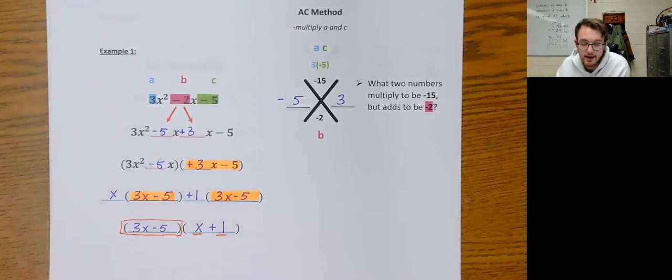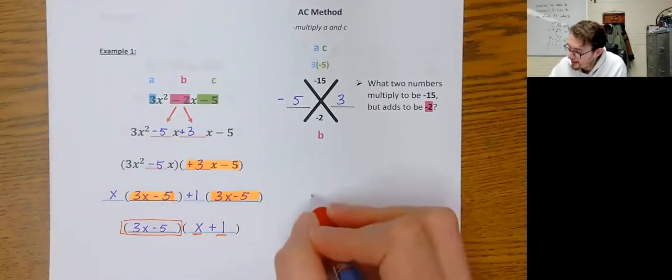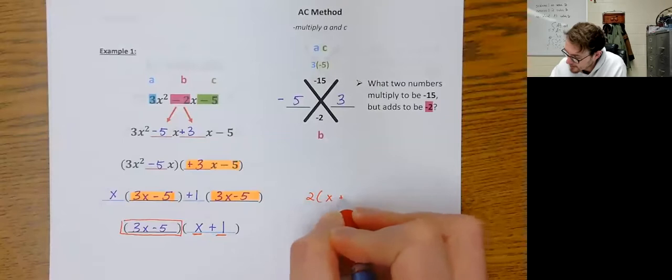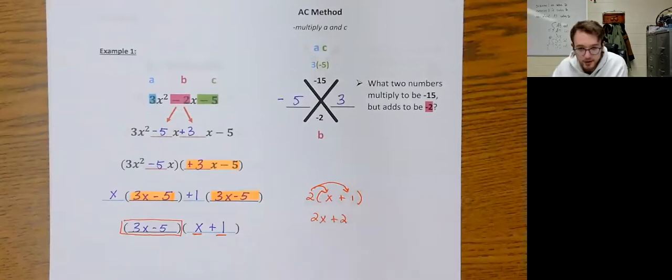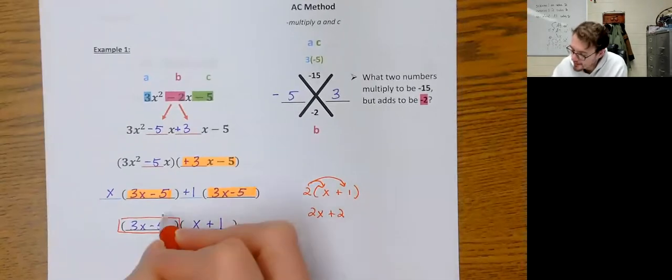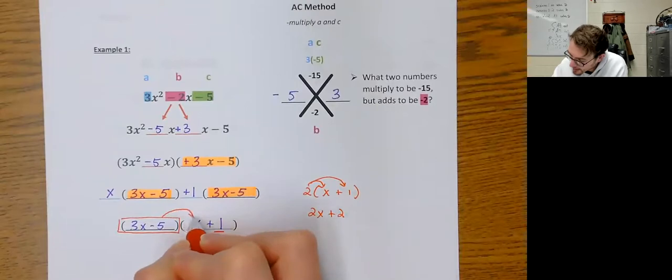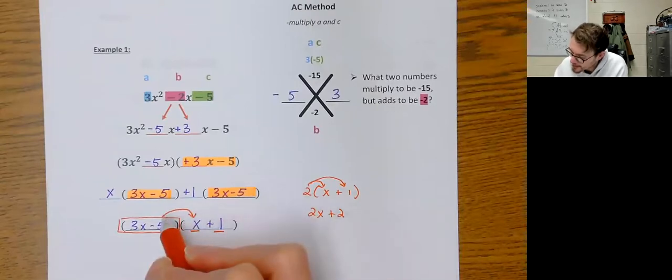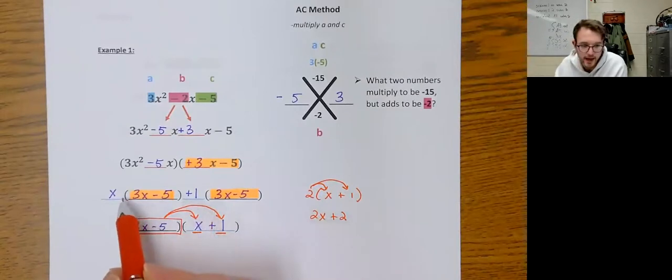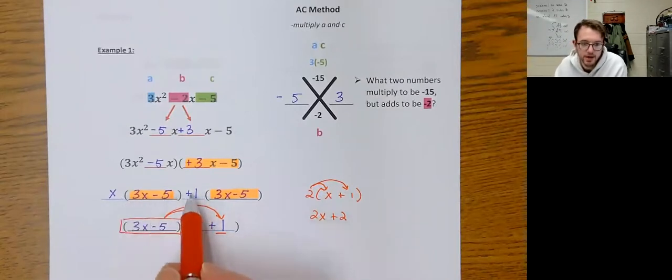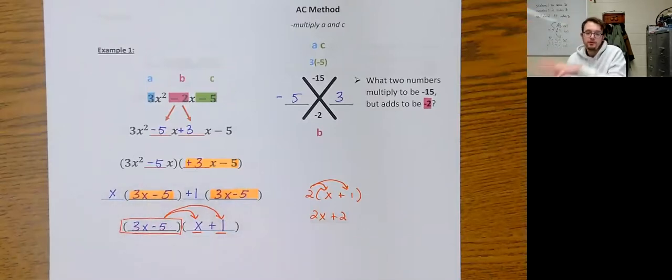So just like if I had 2 times x plus 1, I'd have to distribute the 2 to both terms and get 2x plus 2, right? You do the same thing here. So I'd have to distribute this whole thing there, and I'd have to distribute the whole thing there, which is what you see here. You got the x times the whole thing and the positive 1 times the whole thing. So you just factored that stuff out. You factored out a binomial.